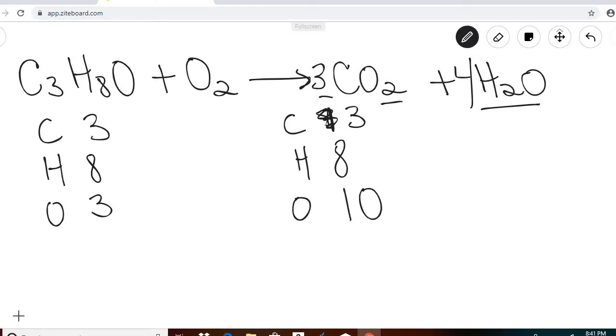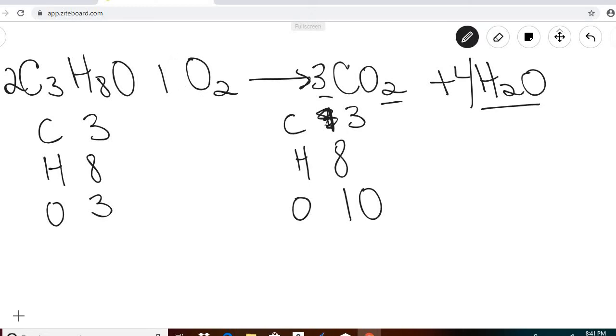Okay, so let's double everything. Well, actually, is that going to work? So we have 10. Yeah, let's go ahead and double everything and see what that does for us. Well, actually, you know what?